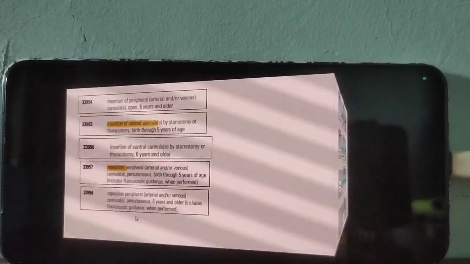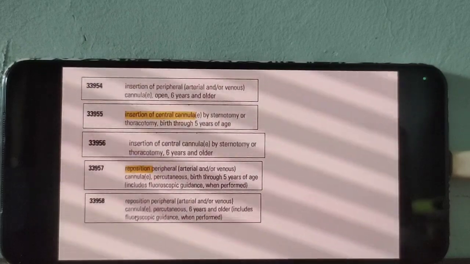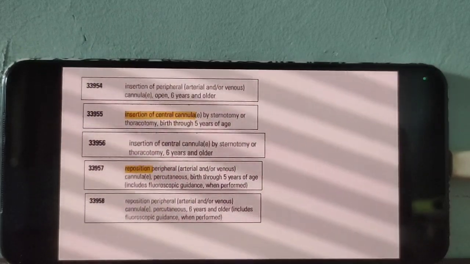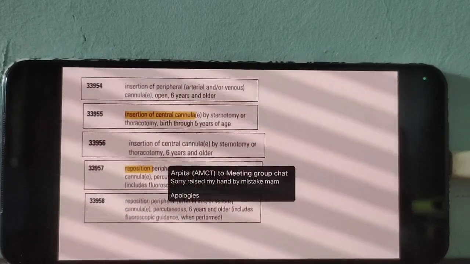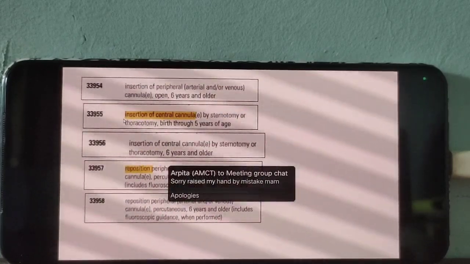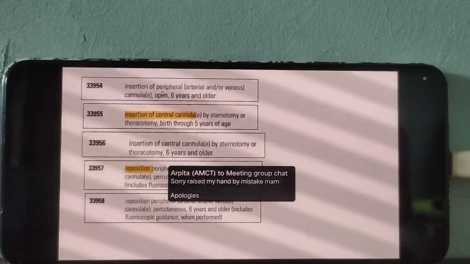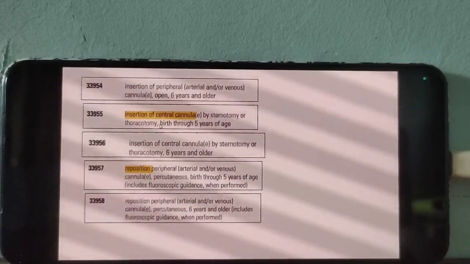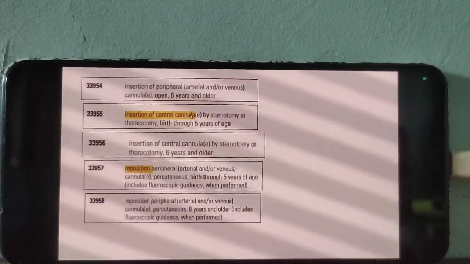Now check the procedure of 33955. What is the procedure? Insertion of a central cannula. Super. The above 4 codes are for insertion of a peripheral cannula, and the below 2 codes are for insertion of a central cannula.